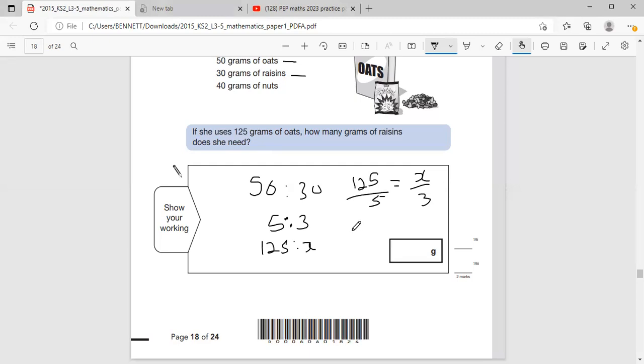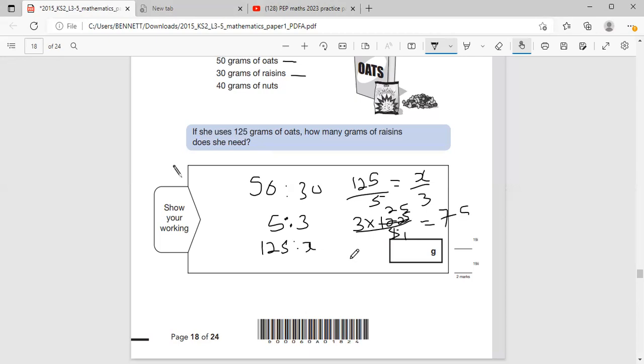So it will be 3 times 125, and then we divide by 5. 5 into 125 gives 25, so that would be 75.